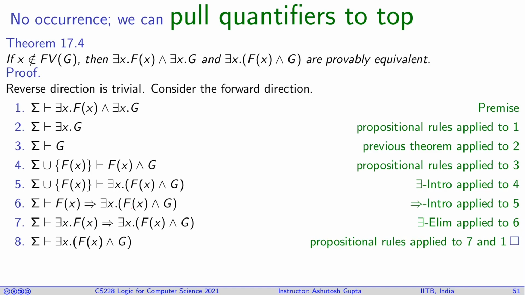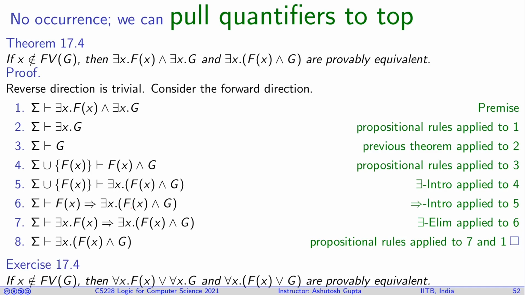Therefore, it tells me that I can always pull out the there exists x operator, and this is true for for all also, because for all you can also pull out for the disjunction case. So any quantifier can be pulled out, but they cannot jump over each other. If there is an exists and then there is an all, you cannot say all jumps over exists, that is not allowed, but all the quantifiers can be pulled out because of this theorem.